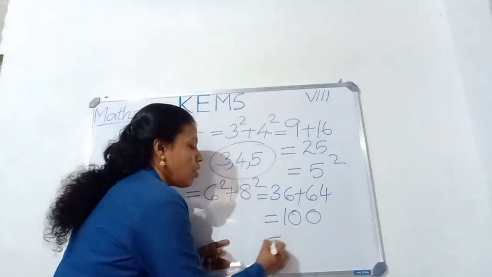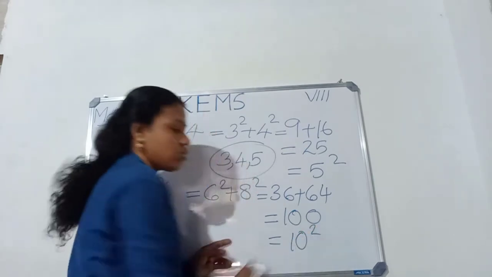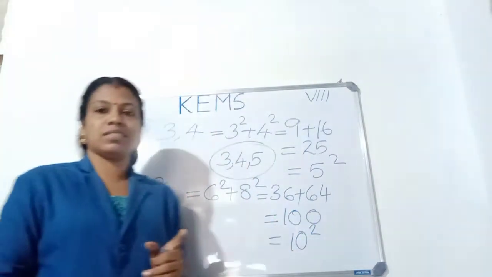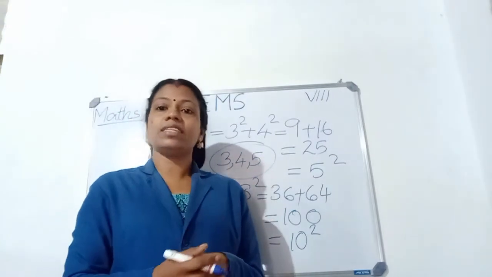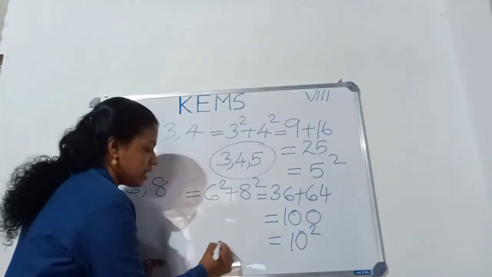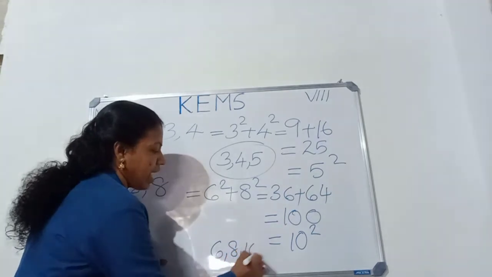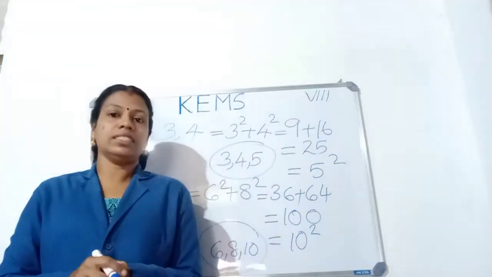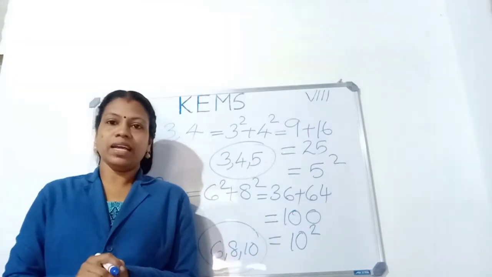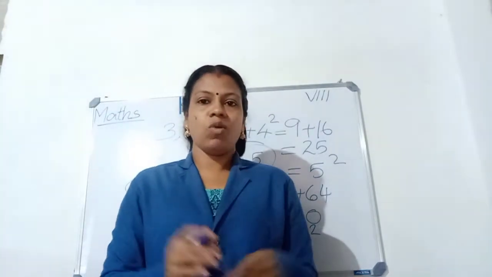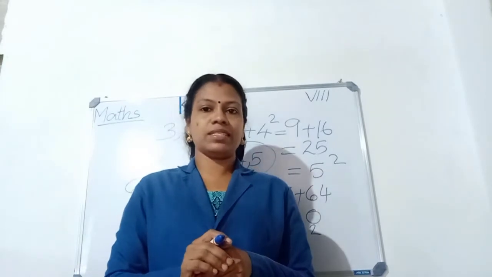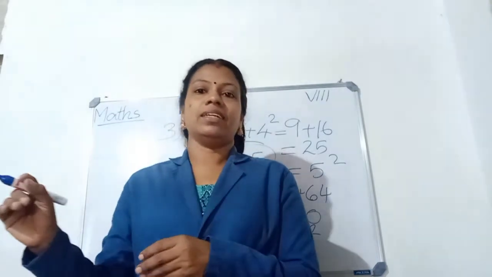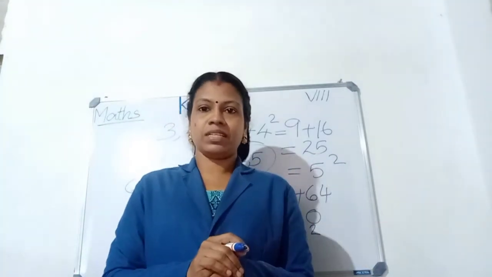It is the square of another number. 10 square is 100. So these three numbers, 6, 8 and 10, form another triplet. Okay. Now it's clear what a Pythagorean triplet is. It is a collection of a special type of numbers.